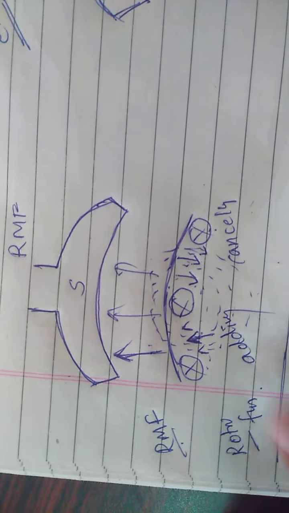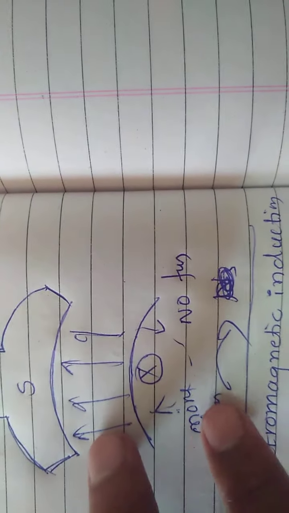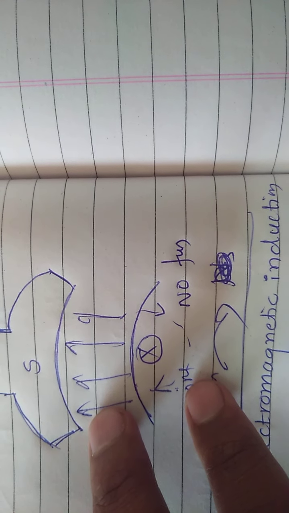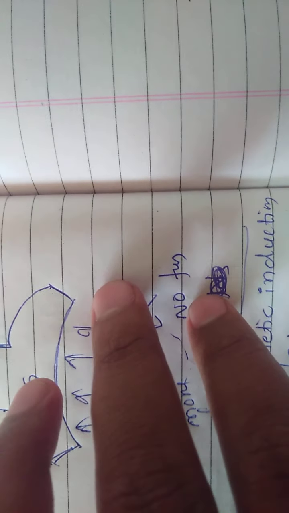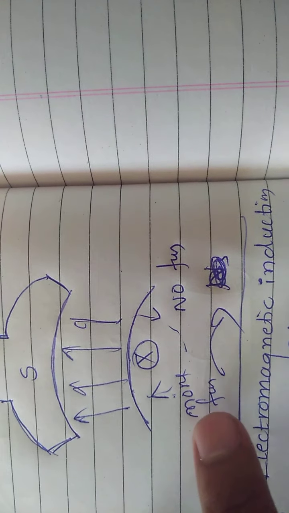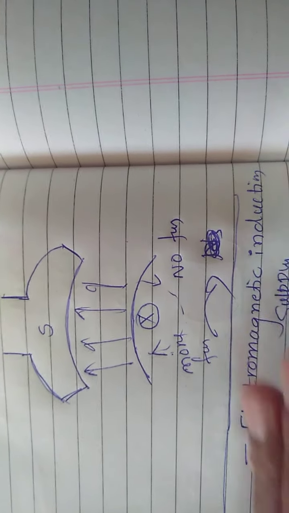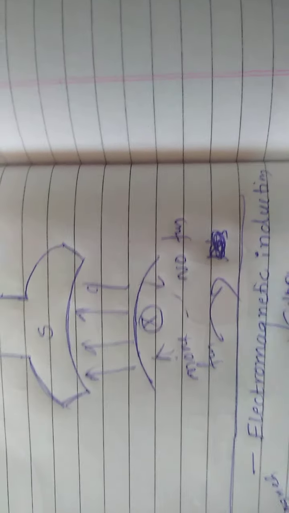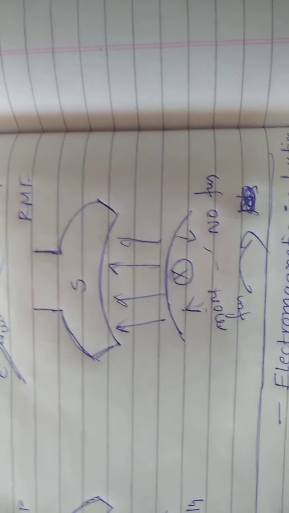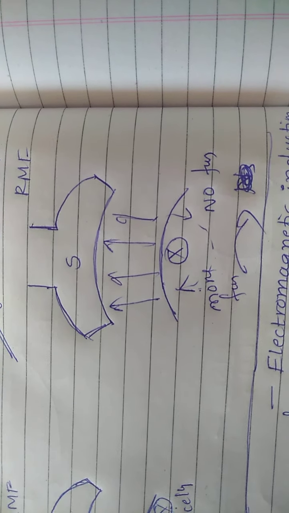There are two fluxes now: one is the RMF, another is the rotor flux. These two fluxes are adding in nature on this side, and cancelling in nature on this side. So on this side we have more flux, more torque, more force, that rotates the rotor in the clockwise direction. So the motor will rotate. This is the working principle of induction motor.